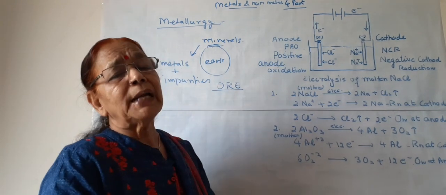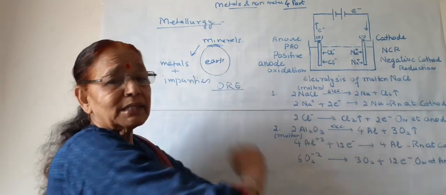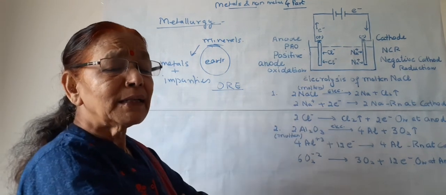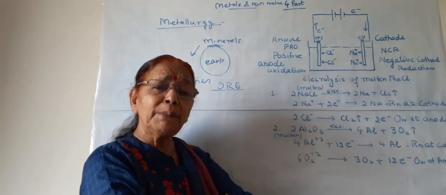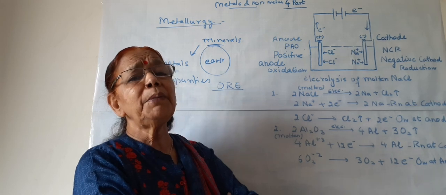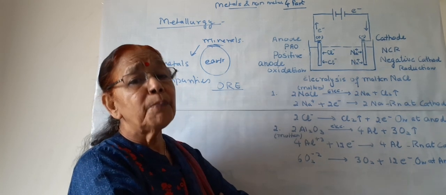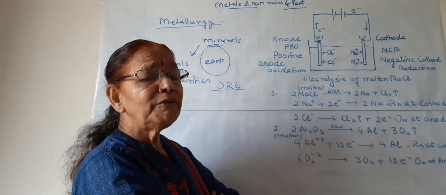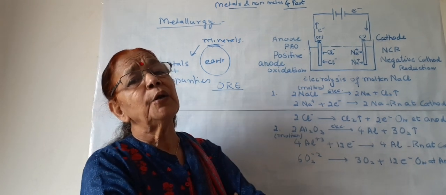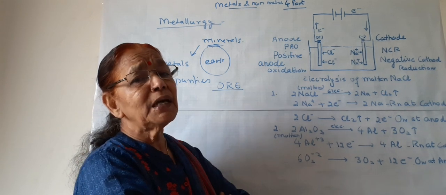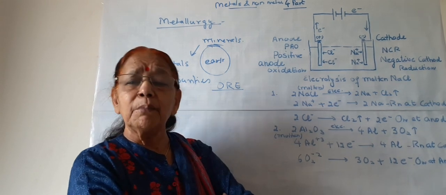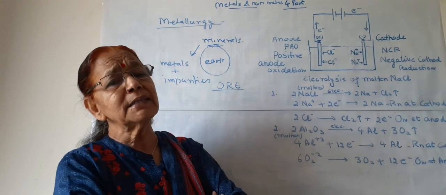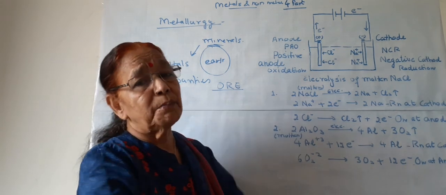Now how are these metals present in these minerals? Metals can be present in their elemental form, or they may be present in compound form. If they are free in elemental form, the metals are non-reactive, and the reactive metals are present in their compounds.